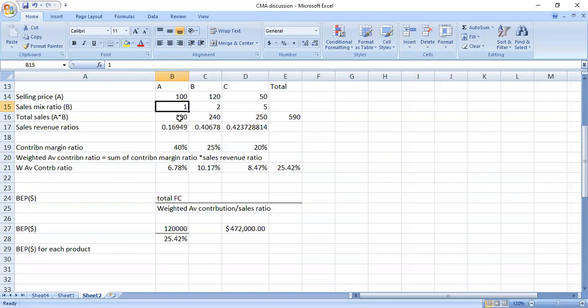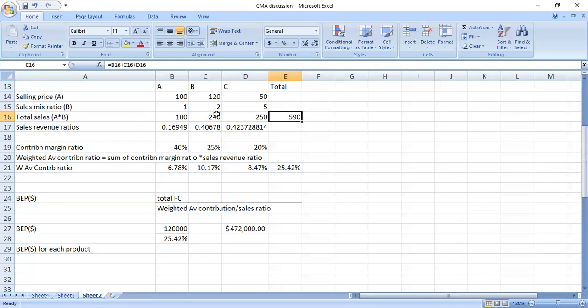So I was still saying, our task was really to obtain the sales revenue ratio. For you to get that, first obtain the sales for each. The sales for A is given by the selling price times the sales mix ratio. That's how we get the 100 for A. For B, it is 240. For C, it is 250. Having gotten the sales for each, we now add them together to get the total sales or total revenue, which gives us 590.